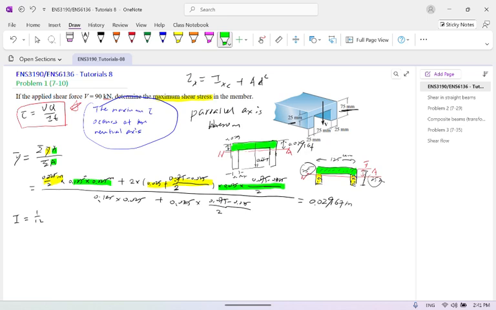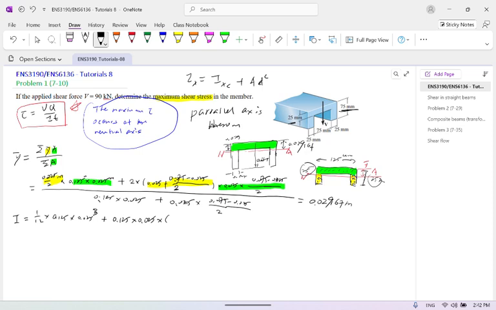So rectangular here, so 1 over 12 times B H cubed, plus, because this one is IxC, but then the area 0.125 times area times the distance.